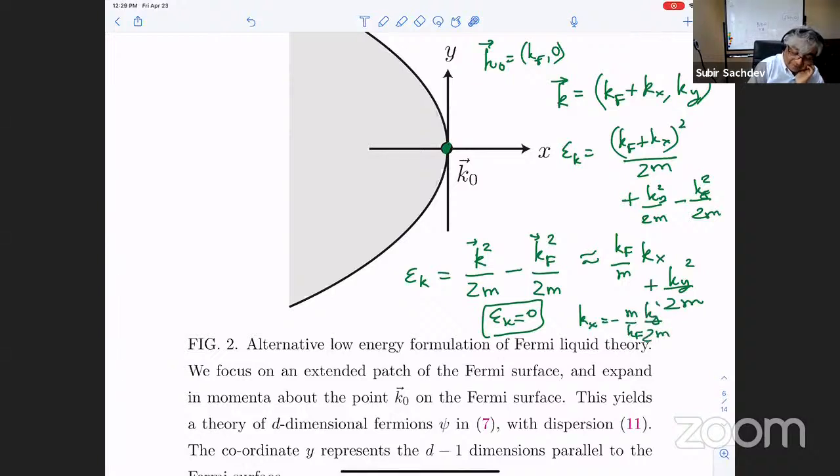And that's exactly the equation of this line here. So at least for a spherical Fermi surface, the m parameter plays two roles. One, it determines the Fermi velocity as kf over m. And two, on its own, it determines the curvature along the y direction. Now, of course, if you had a more complicated shape, these two numbers are independent.